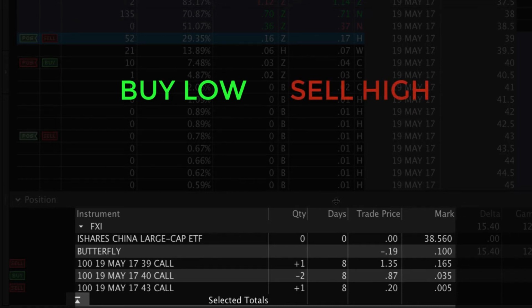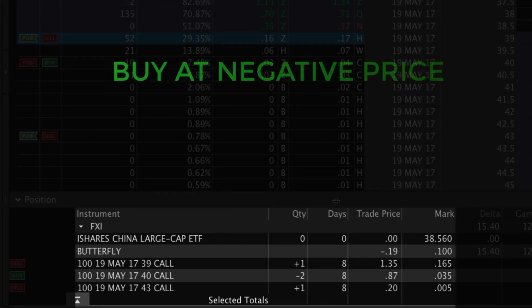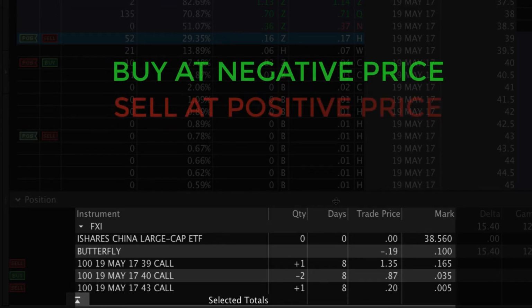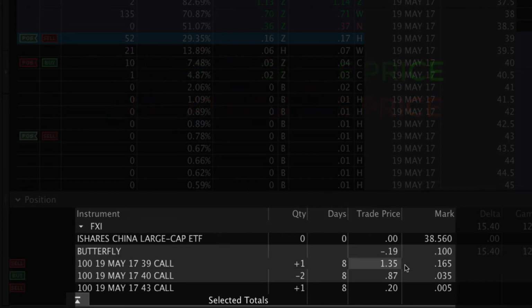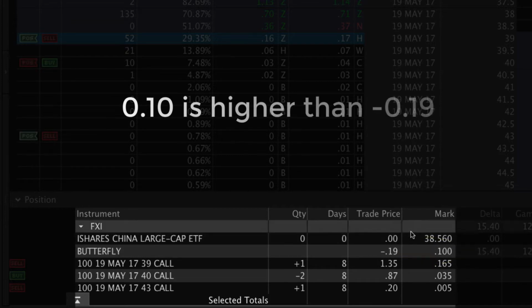If we buy a stock, we want to sell it at a higher price than we buy it for. So the goal with the broken wing butterfly is we buy it at a negative price and we sell it at a positive number. You can see the spread is currently at plus 10 cents. That's a positive number, and 10 cents is certainly higher than negative 19 cents.